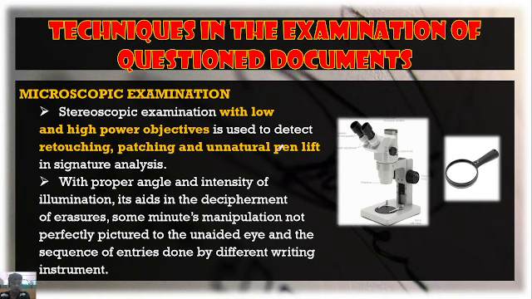Number one, there is microscopic examination, right? So we are using it also in questioned documents. Kung hindi kaya ng magnifying glass, then we can use microscopic examination or microscope, okay, with low and high power objectives also.